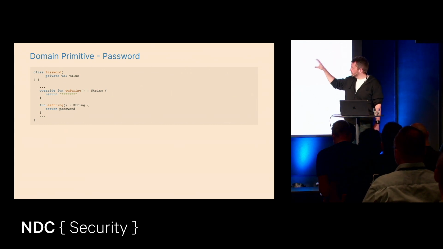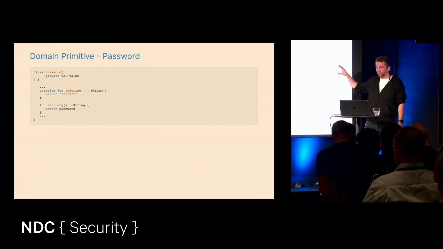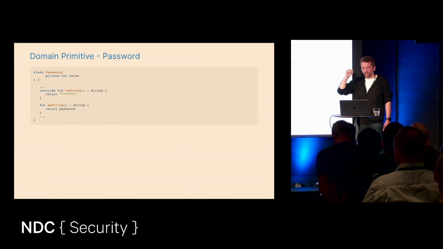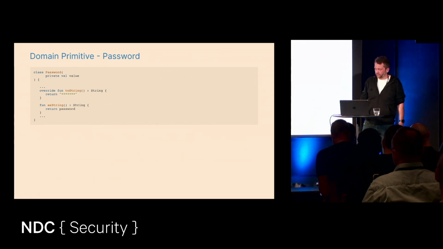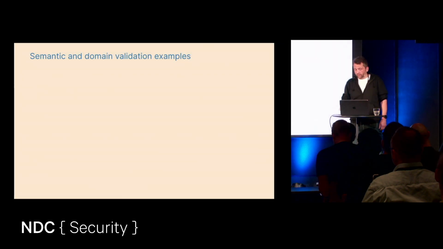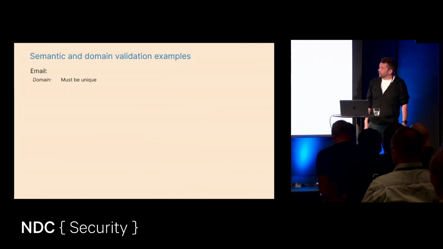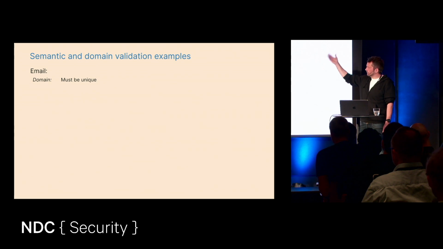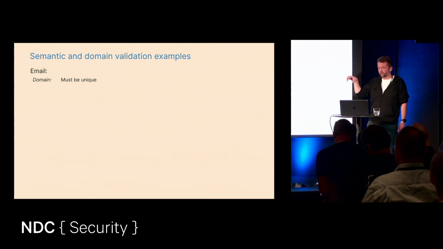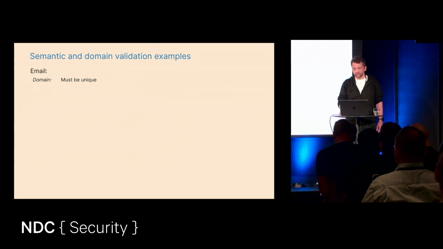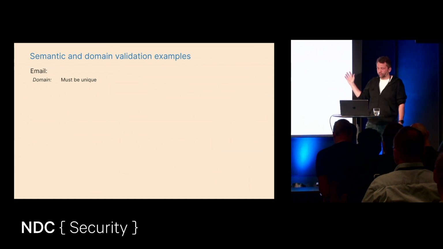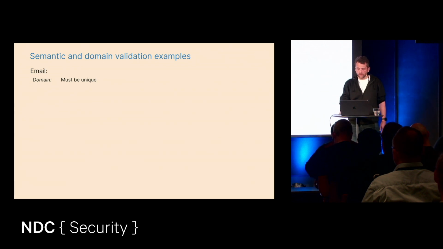Again, we're using these primitives to handle it, so when writing a log statement we don't have to think, oh, I need to make sure I don't print this thing and this thing. It's handled by the class instead. Some more examples. Email: maybe we want to check if the email is unique because it's for user registration, so we want to check whether this user already exists. That's not something we can enforce in the email object itself, so we have to check somewhere.